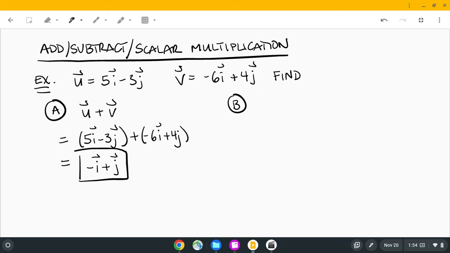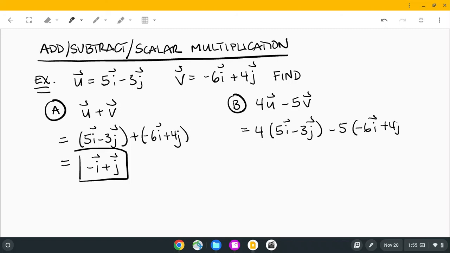Okay, and if we have 4 times u minus 5 times v, then we are going to multiply the vector u, which is 5i minus 3j, by 4, and then negative 5 times vector v, which is negative 6i plus 4j. Then we'll combine them.